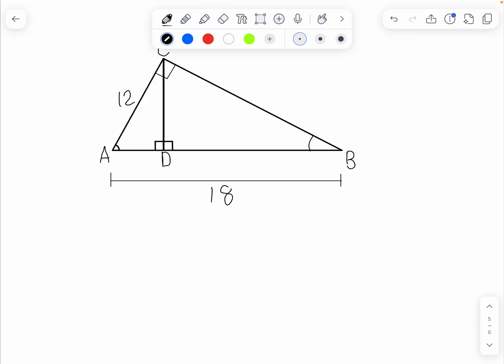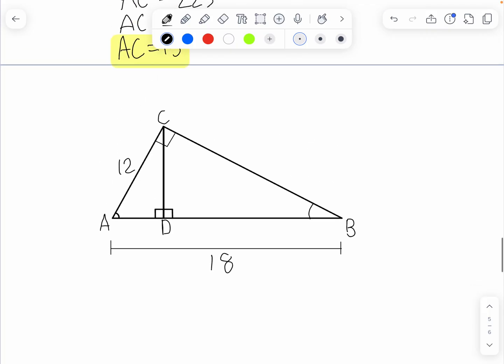What is the length of AD? So pause the video and try and find the answer to that. Okay, hopefully you've paused the video and you found out the answer.